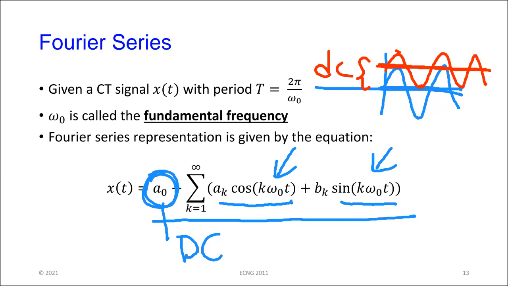So the Fourier series is saying that, in general form, any periodic signal you could break down into a DC component, it may or may not have it, and then a sum of sines and cosines, where the frequencies are multiples of the fundamental frequency of the signal, and you put some coefficients in front of it that we call weights. That tells you how much of each component there is.